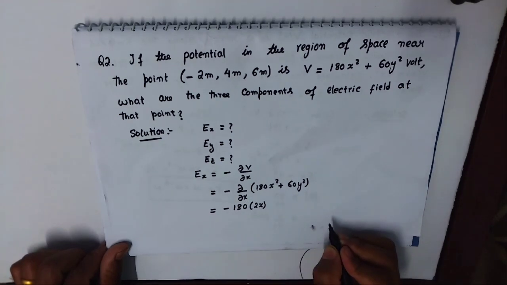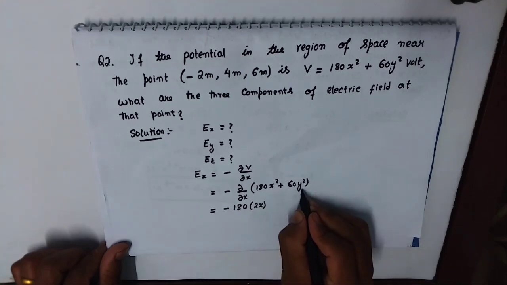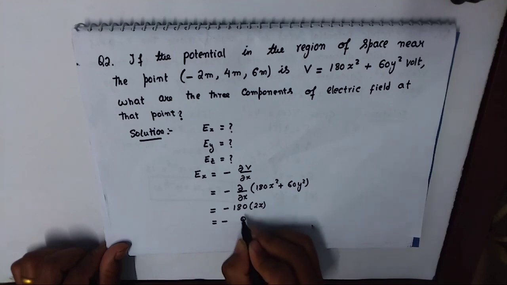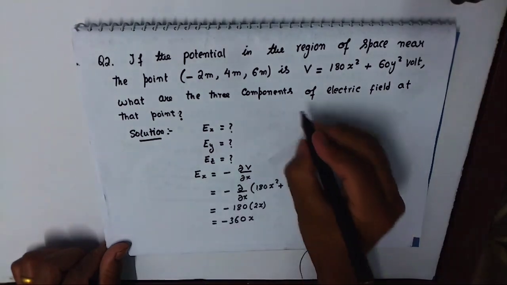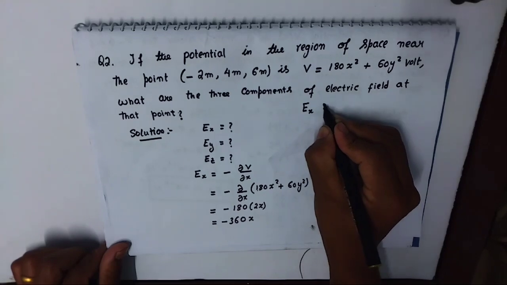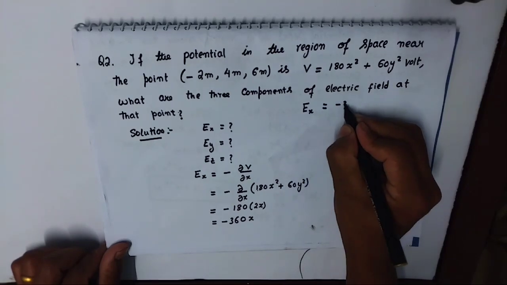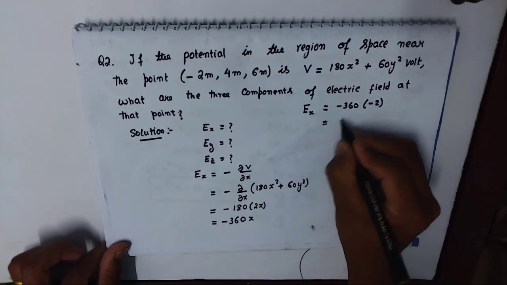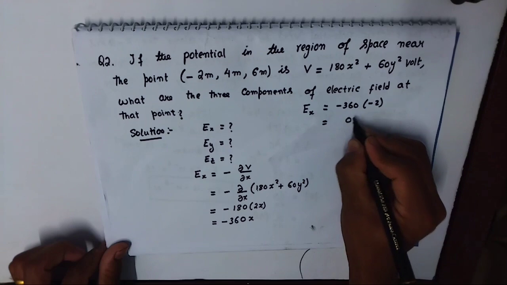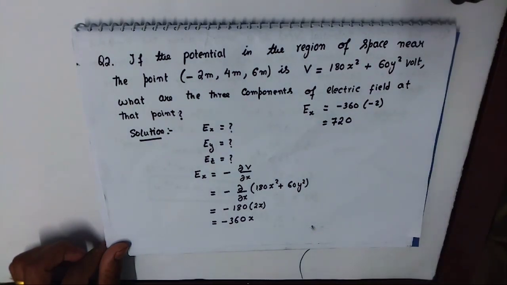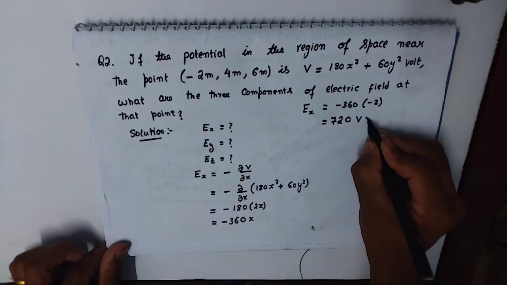Since it is a partial derivative, del x of y is 0. So the answer here is minus 2 into 180, which is 360x. What is Ex at x equal to minus 2? This is equal to minus 360 multiplied by minus 2. So minus will become plus, and the result is 720. The unit is volt per meter.